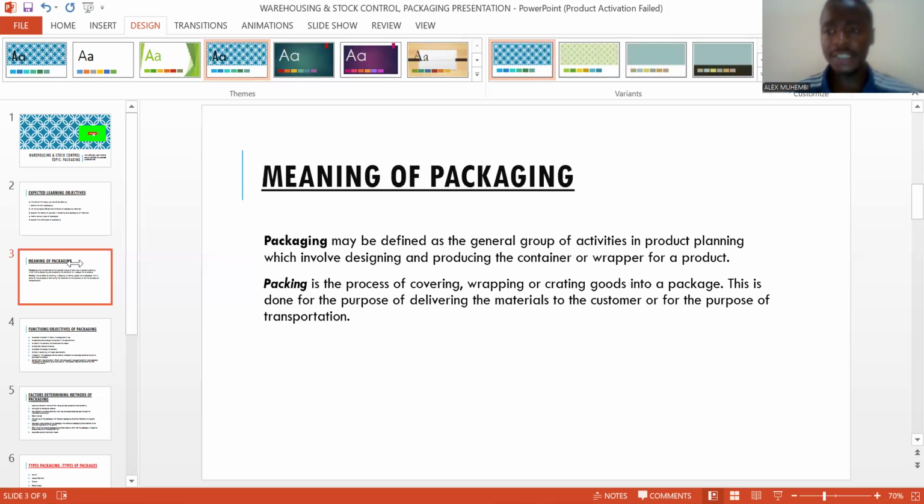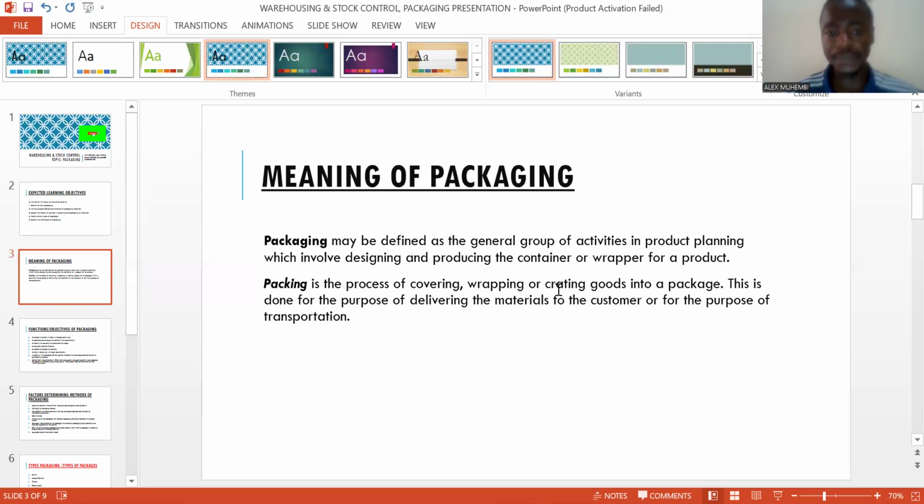Now, it is also essential to understand what packing is, because in most cases people tend to confuse packaging and packing. Packing is the process of covering, wrapping, or crating goods into a package. Crating comes from the word crate.